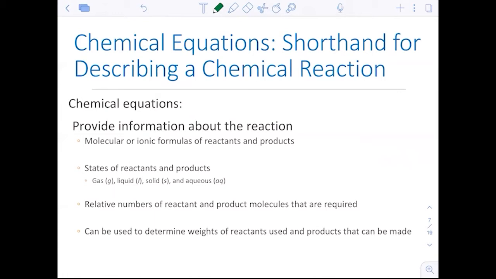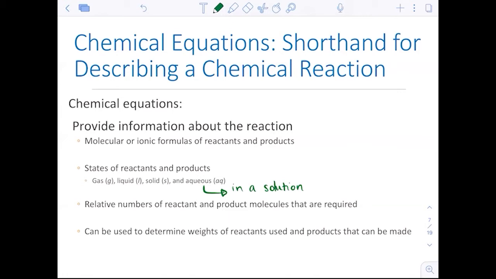Gas is G, liquid is L, solid is S, aqueous, which we'll discuss in Chapter 8, is AQ. It is a liquid, but it's in a solution. So that AQ literally means it's going to be in a solution. So there's more than one thing going on there. Usually water is understood to be hanging out with that substance.